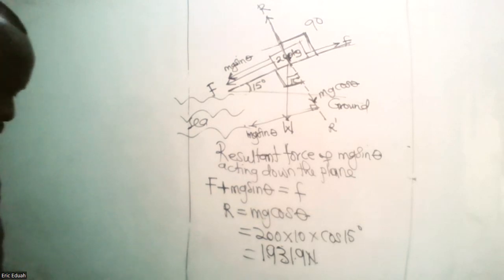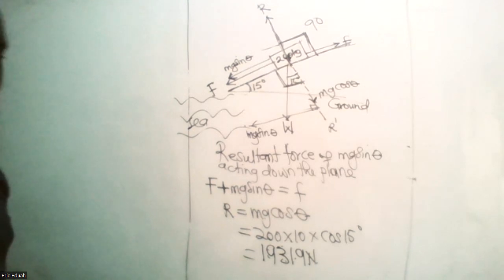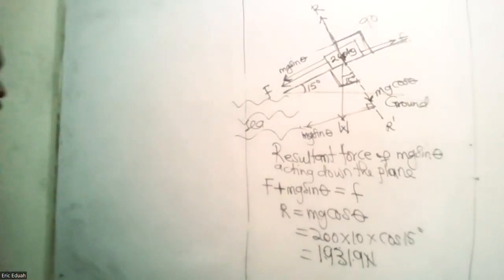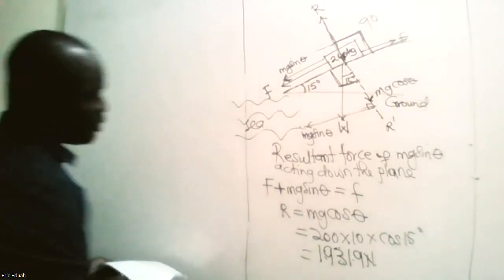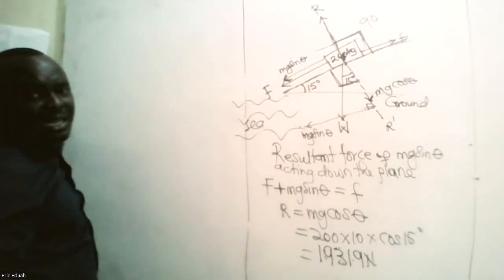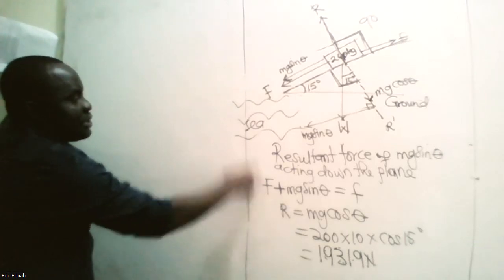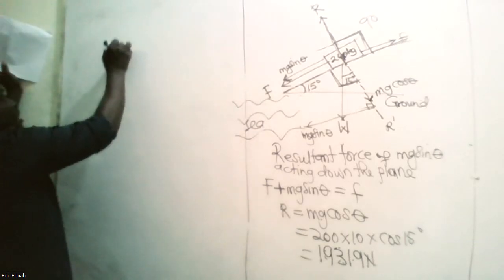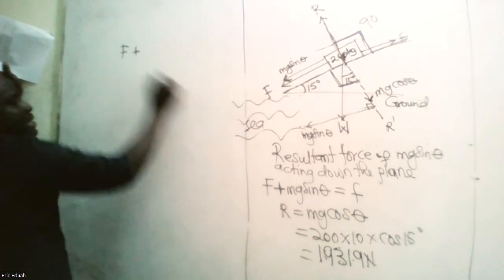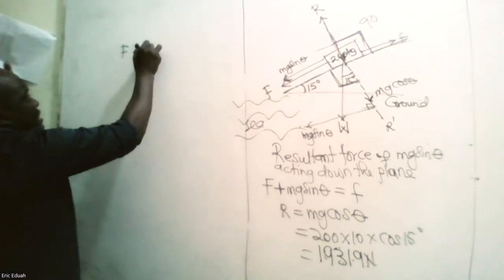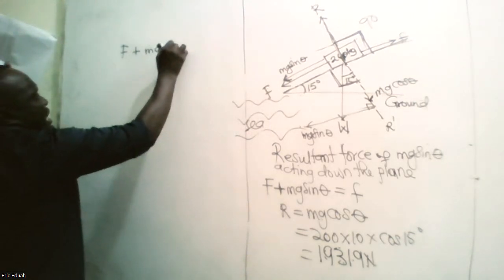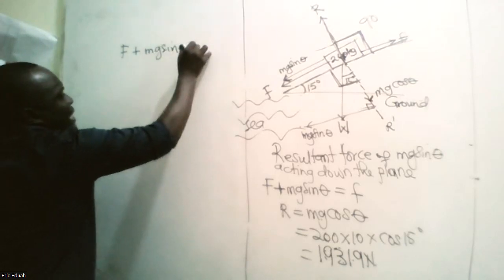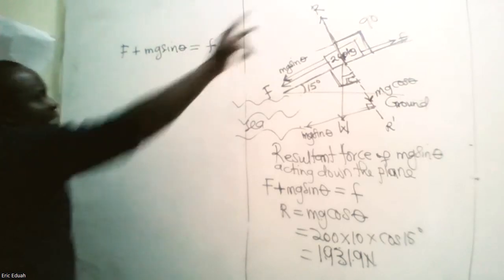Okay. Then the beta part says that we are to calculate the force pulling the boat. And that is what I was earlier doing. So let the force pulling the boat be F. So F plus mg sine theta must be balanced by the frictional force acting against it.